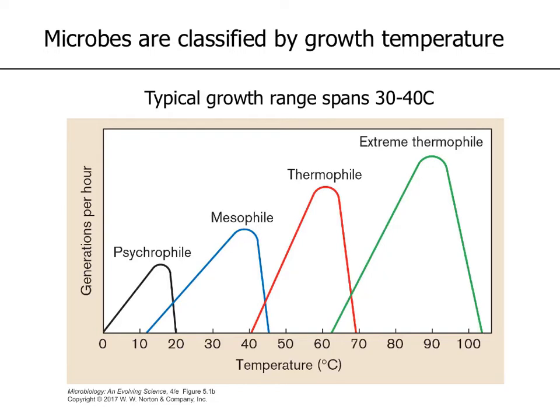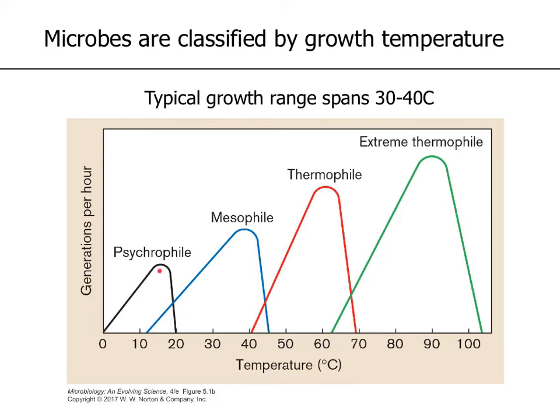So what is this plot telling us? It has generations per hour, right? So essentially how well these bacteria are growing, and it has this range of temperatures on the bottom. You see that the typical growth range for these different categories is between 30 to 40 C. Some of them are smaller, like the psychrophiles, but these ranges are about 30 to 40 C for the different classifications.